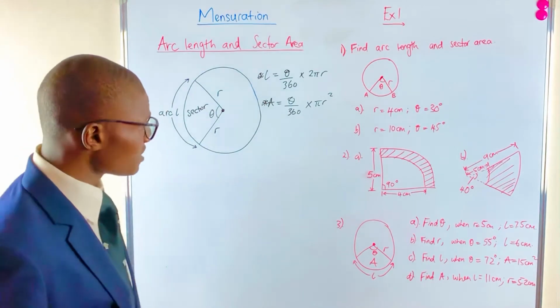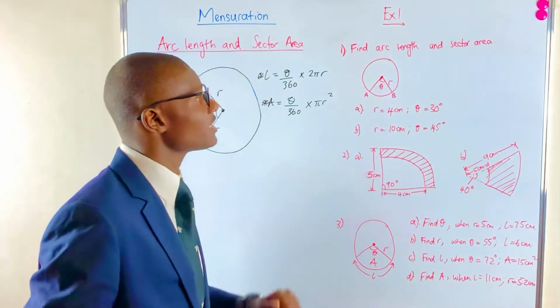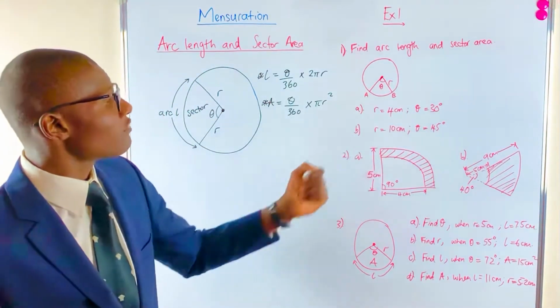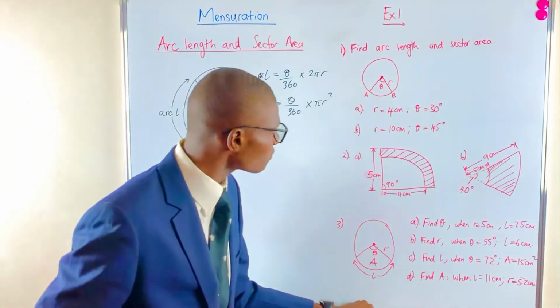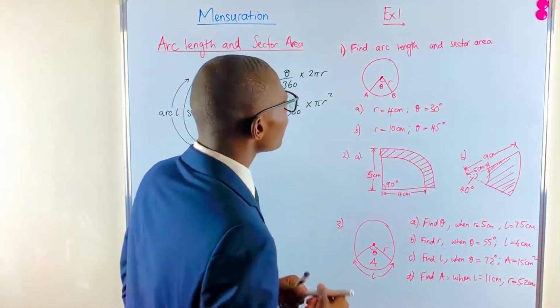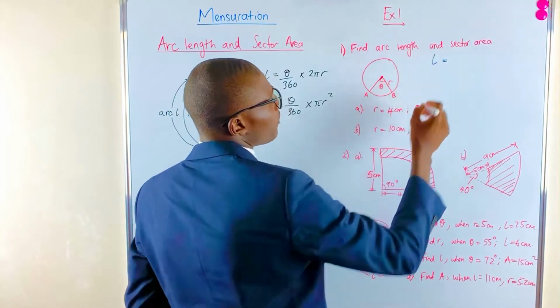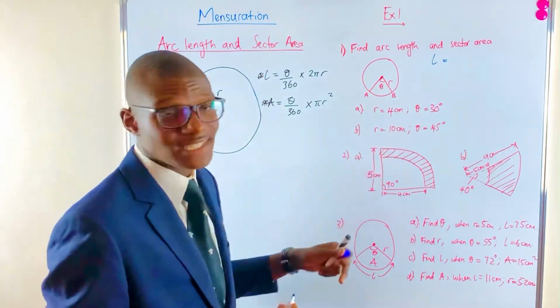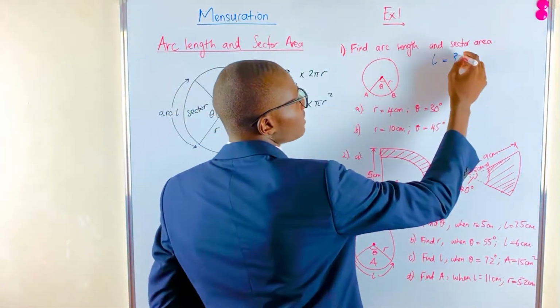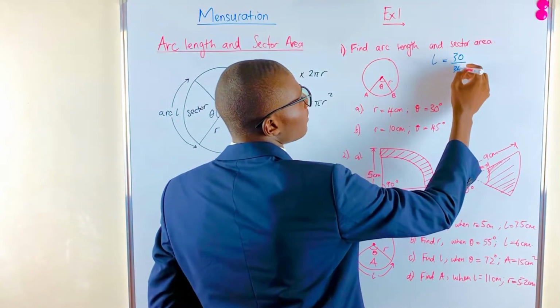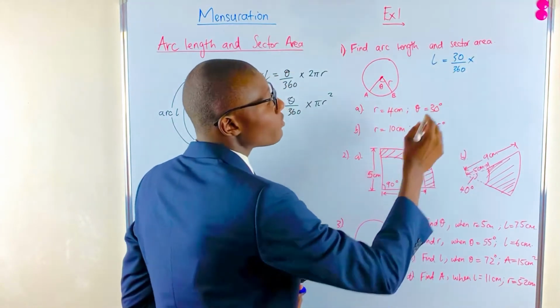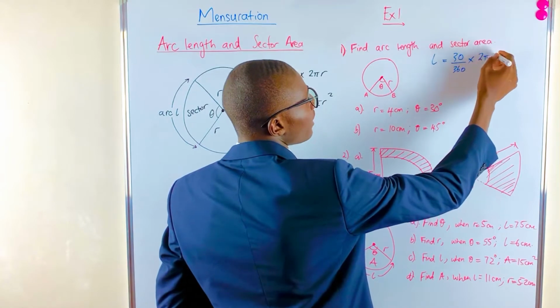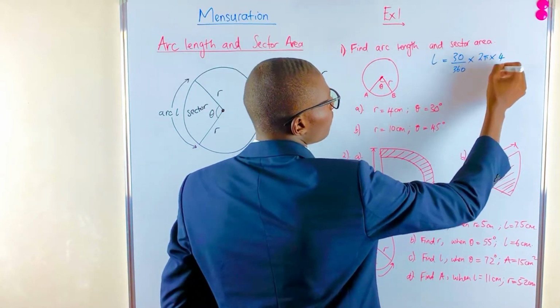The first question, number 1, requires us to calculate the arc length and the sector area for parts A and B. So for part A, calculating the arc length L, we are saying theta over 360, which is 30 over 360, times 2 pi r, the radius being 4.